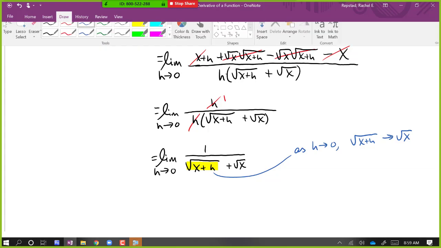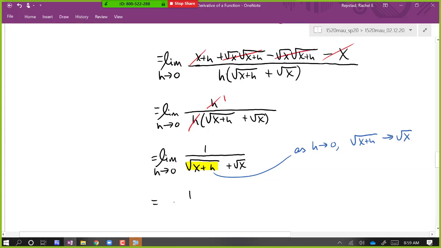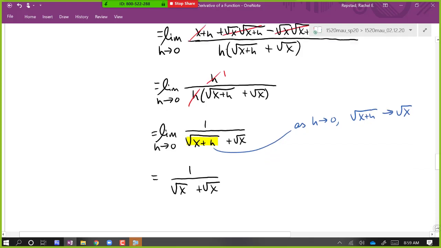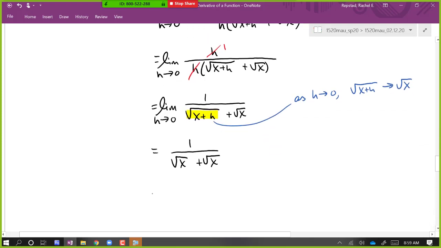We've got 1 on top. On the bottom, root x plus root x, or 1 over 2 root x. And there's our derivative. There's dy dx.